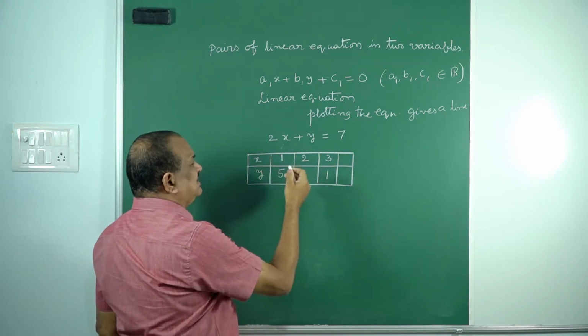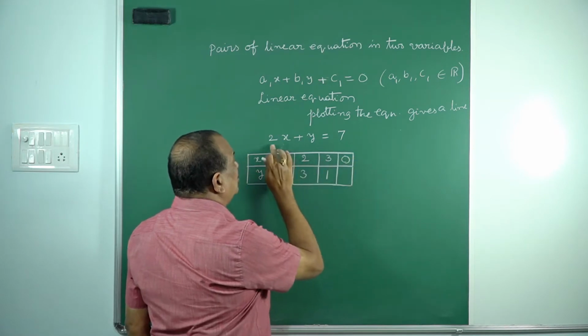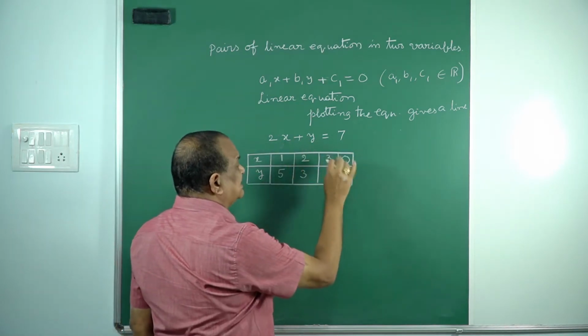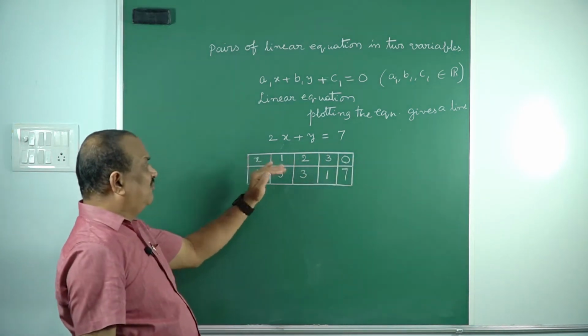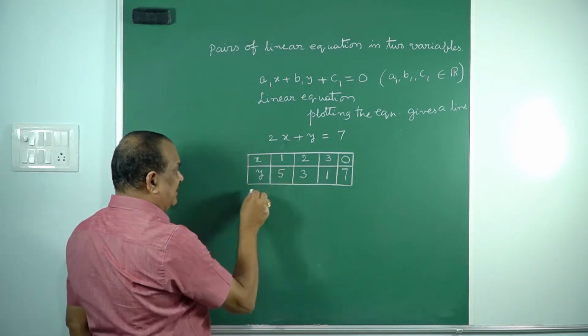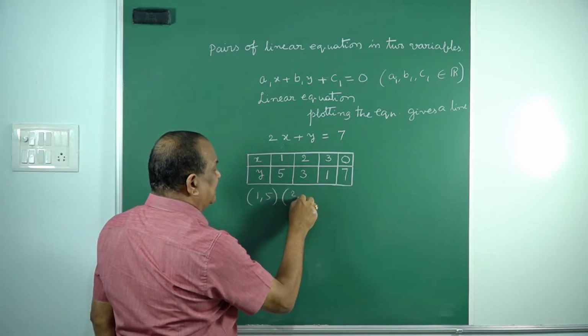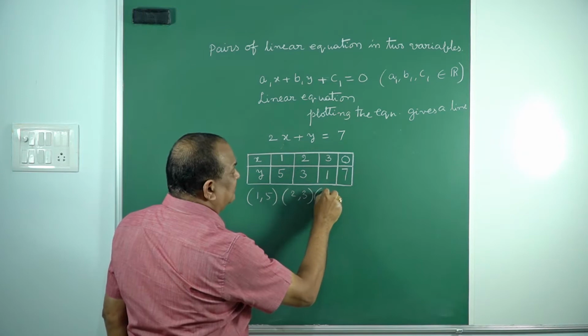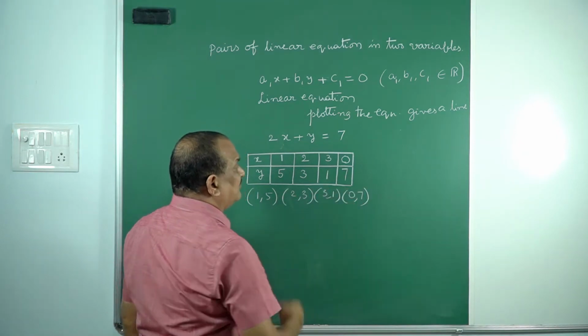I can take even 0, what's wrong in that? So if x is 0, 2 times 0 is 0, y will be all the 7. So I have taken 4 ordered pairs here: 1, 5, 2, 3, 3, 1, 0, 7.